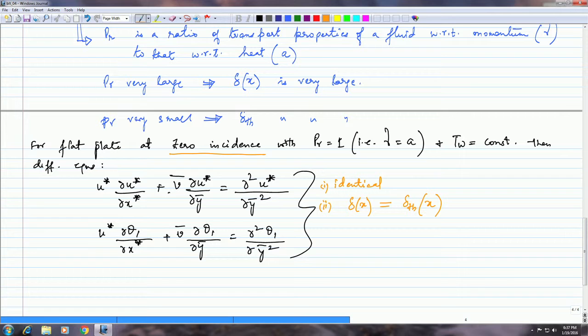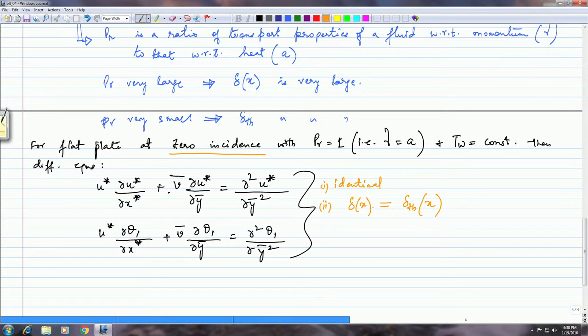So that's for a flat plate. So that's what it comes down to if I look at Prandtl number equal to 1, right, and I use a constant wall temperature, then what it boils down to is that the equations are exactly identical. Okay, and the thermal and velocity boundary layer thicknesses are the same.